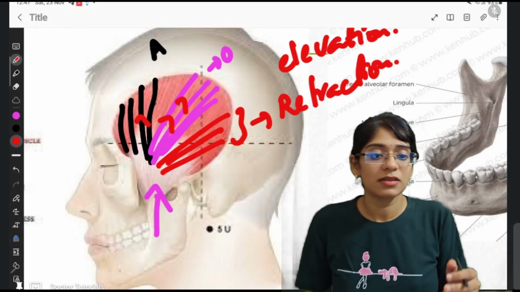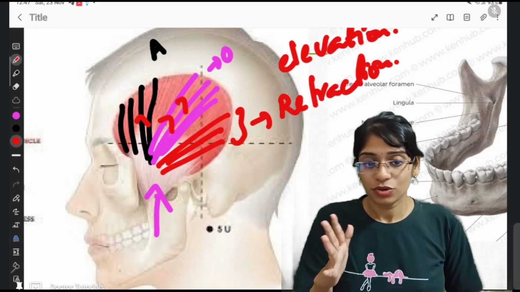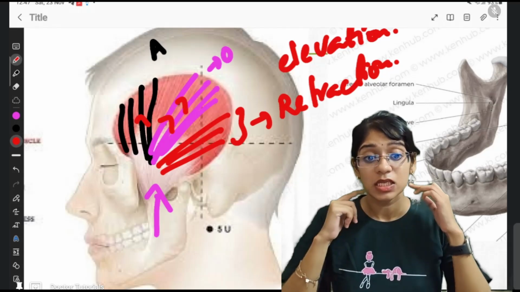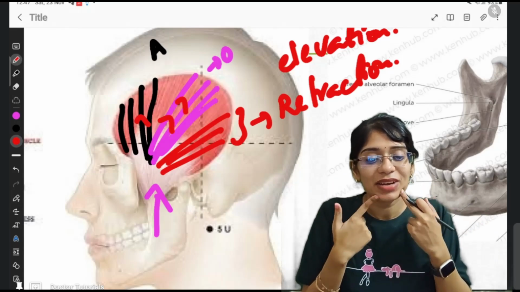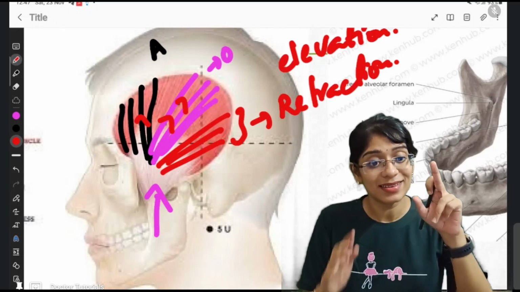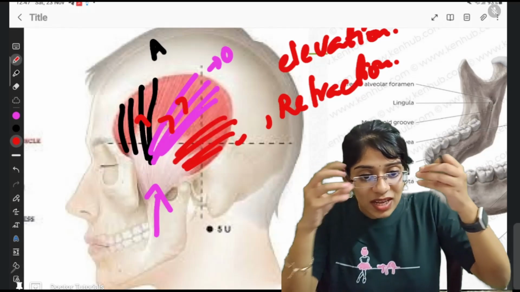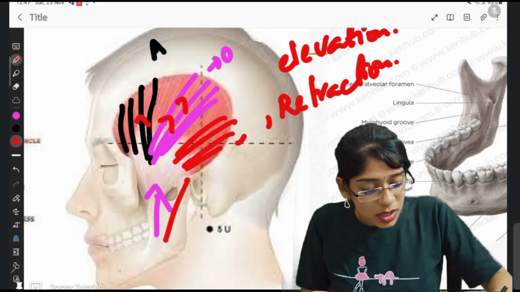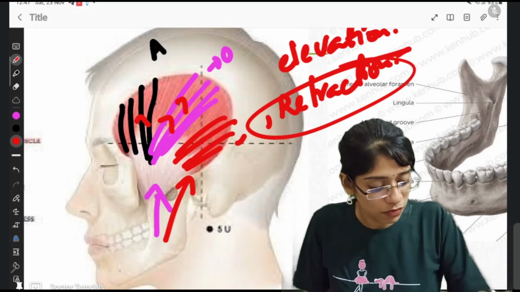Guys, you know the difference between protraction and retraction? Protraction means, like this, I move my jaw in front. Retraction means if I move the lower jaw behind. So the posterior fibers, when they contract, pull the jaw back. This causes retraction of the jaw.